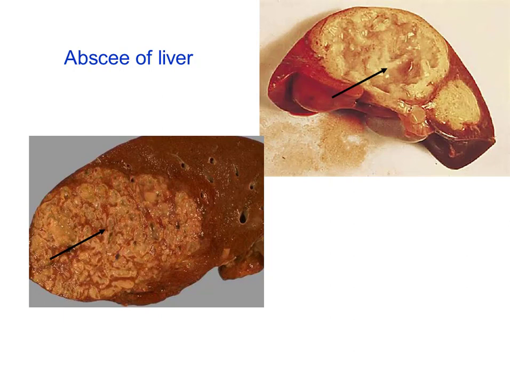The onset is usually acute, with a rise in body temperature to 39 degrees Celsius and above, and the presence of symptoms of intoxication. Fever is remittent, hectic, continuous or irregular, accompanied by chills and sweating, and pain in the right hypochondrium.